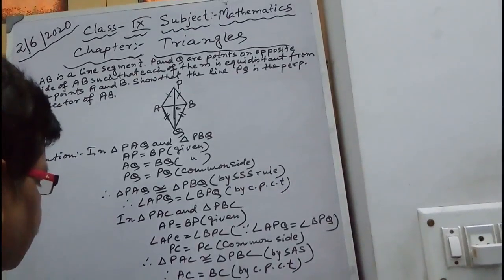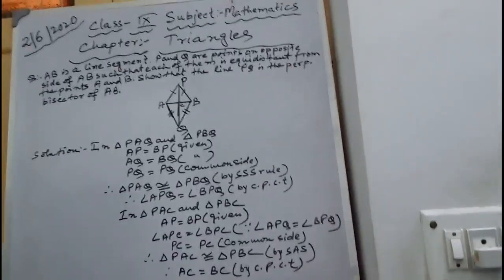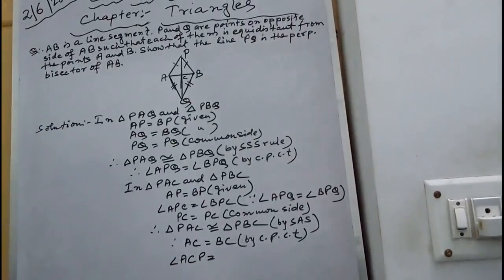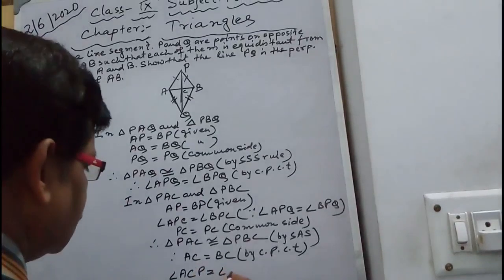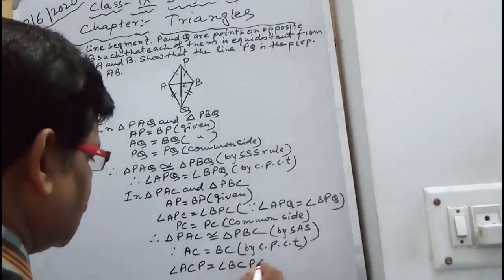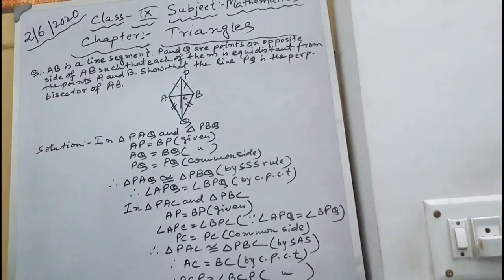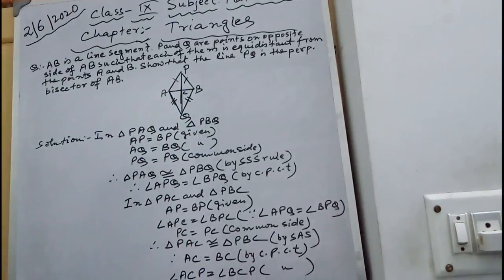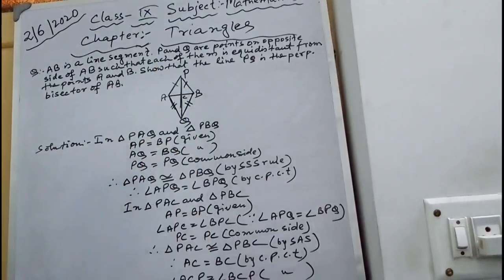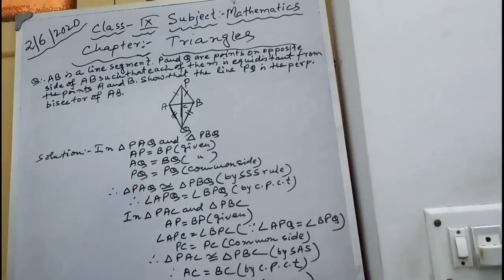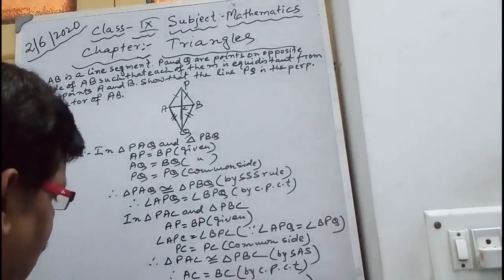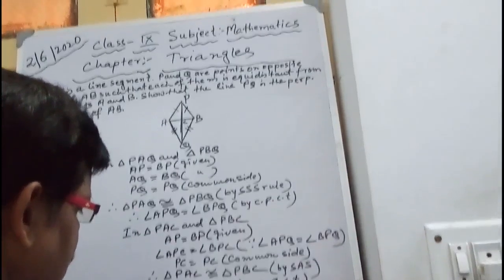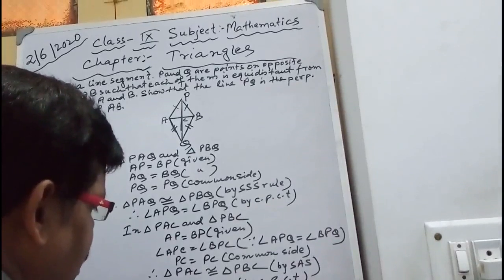Angle ACP equal to angle BCP. This one is also by CPCT. Angle ACP plus angle BCP is 180 degrees.